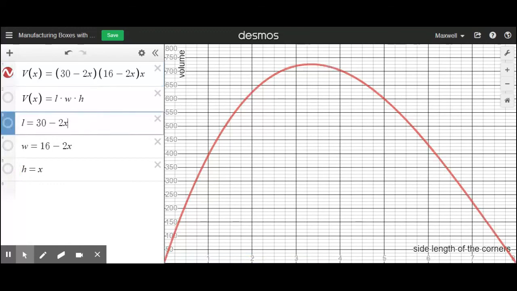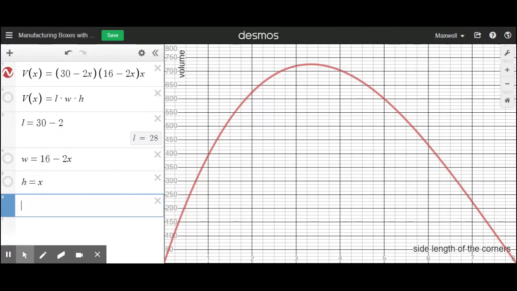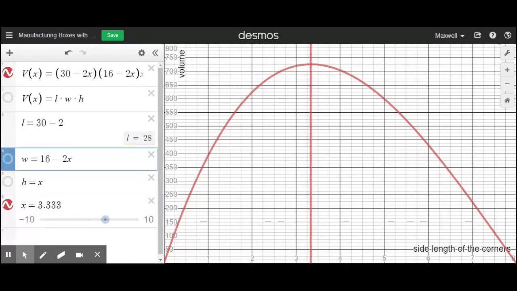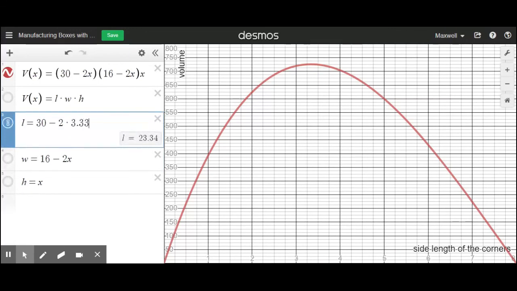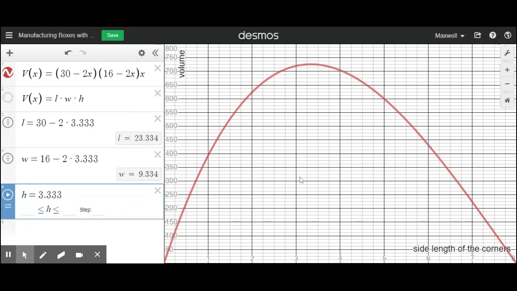So if I made x equal to 3.333, and then do the same thing times 3.333, and then x here, 3.333, we can see that our length ended up being about 23 1/3 centimeters. Our width would be about 9 1/3 centimeters.